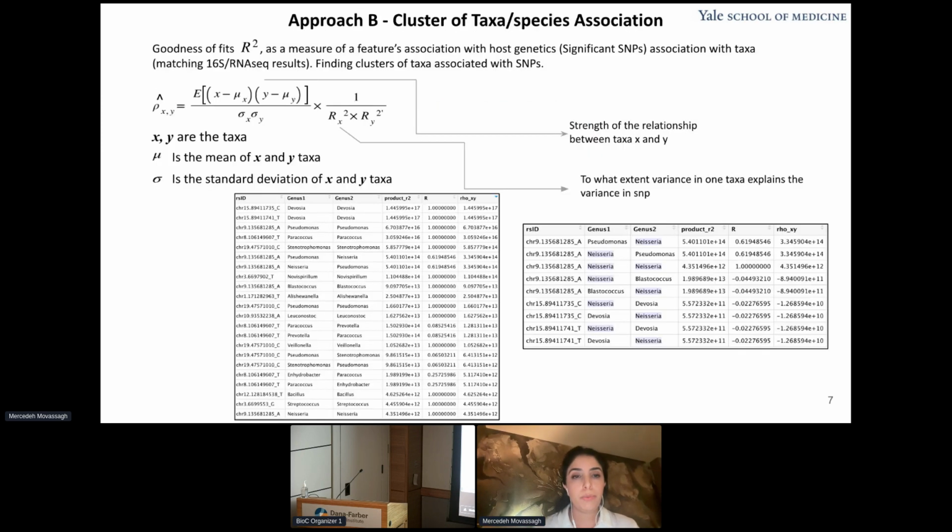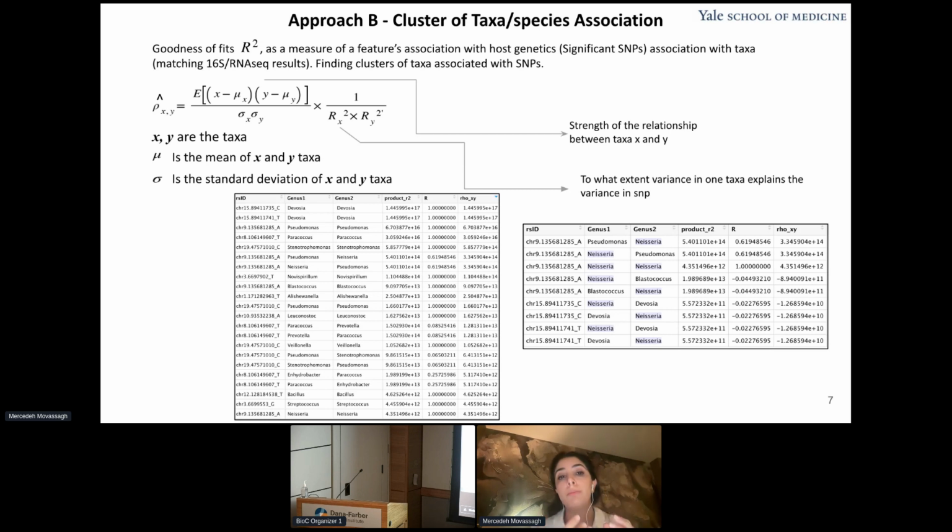So for the second approach, as I explained before, you're trying to see what is the correlation between your taxa and species. And you can actually identify your taxa and your SNP. And you can actually identify very interesting associations, because what we're trying to see is, are there communities of bacteria that are associated with each other?